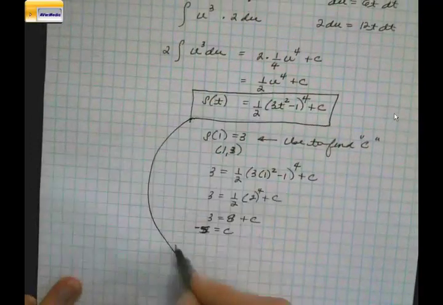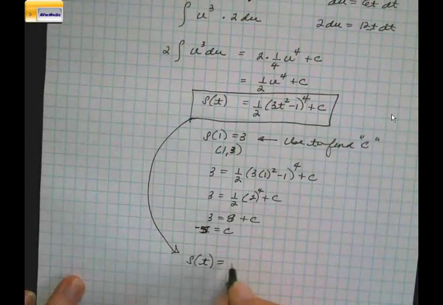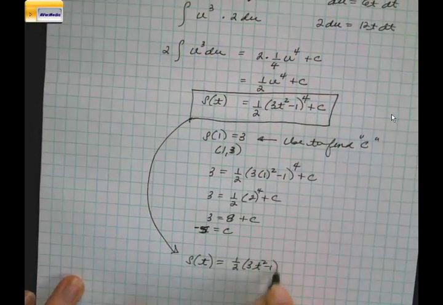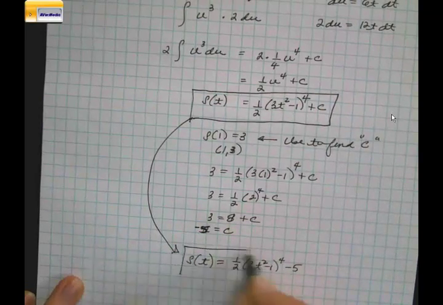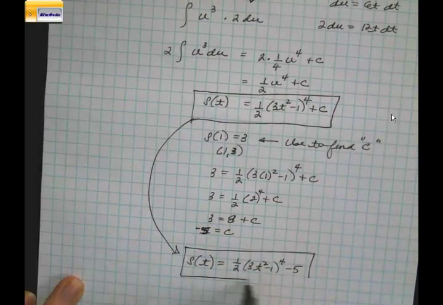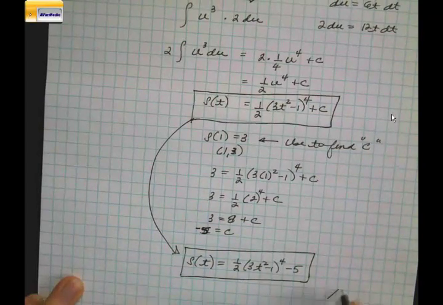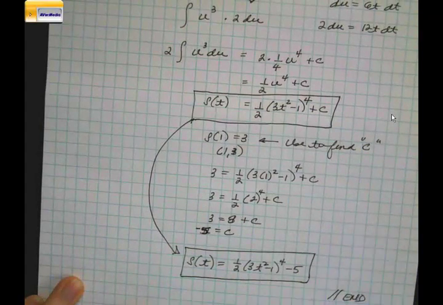So now the grand answer is that s of t equals 1/2 times 3t squared minus 1 to the 4th power minus 5. And we are good. We are smart. We know what we are doing.